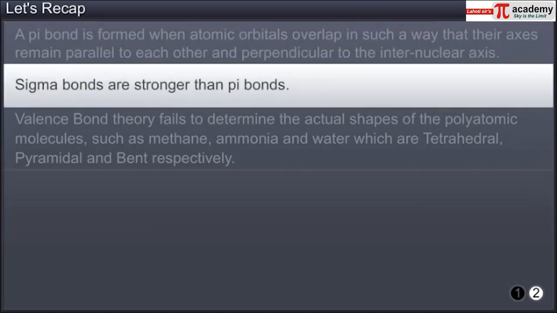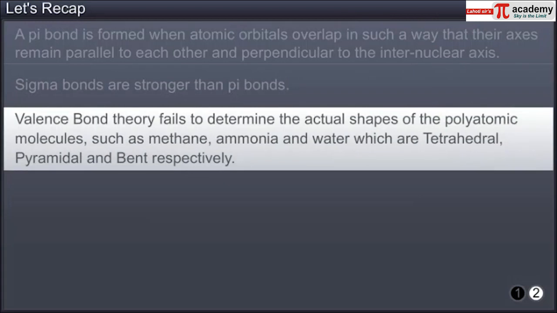Sigma bonds are stronger than pi bonds. Valence bond theory fails to determine the actual shapes of polyatomic molecules, such as methane, ammonia, and water, which are tetrahedral, pyramidal, and bent respectively.